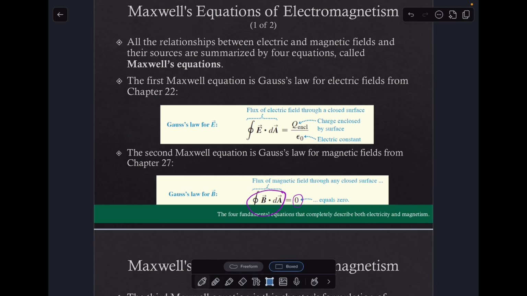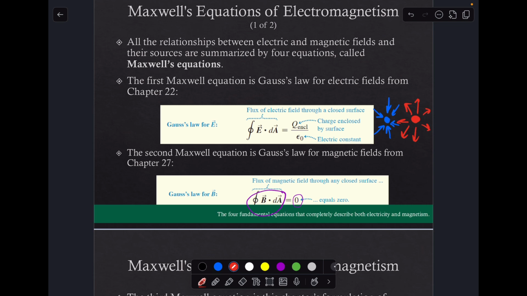So recall that charges, positive and negative charges, they are sources and sinks of electric fields, right? Negative charges produce electric fields that point directly towards the particle. Positive charges produce electric fields that point directly away.